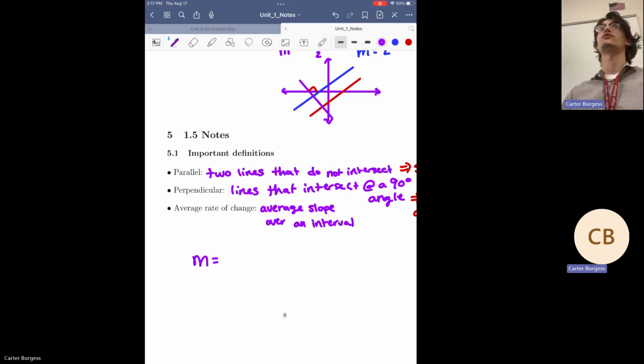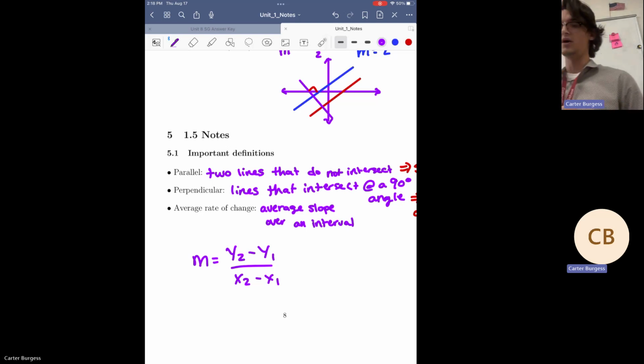That is slope-intercept form, but what is the formula for slope? y2 minus y1 over x2 minus x1, where y1 is where I end. In fact, the point x2, y2 is the point where I end, and the point x1, y1 is where everything starts.